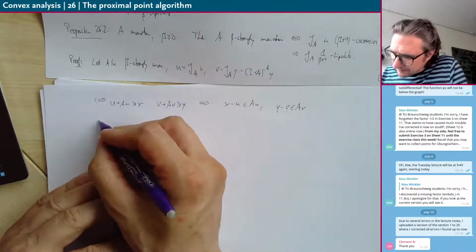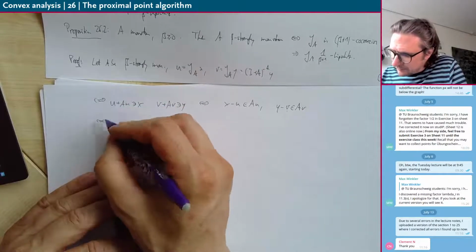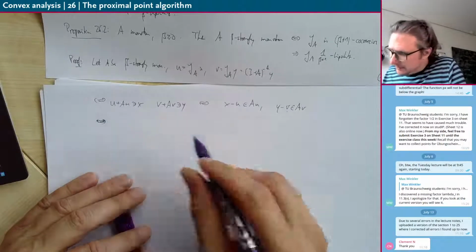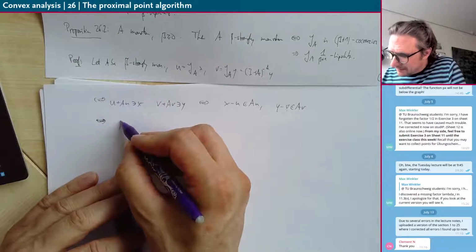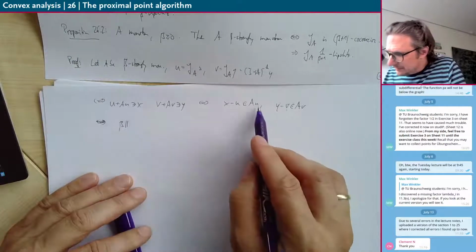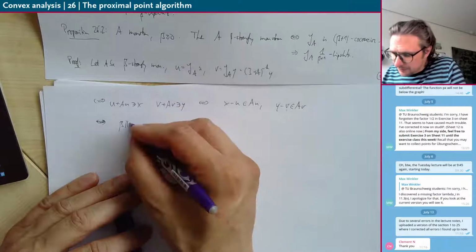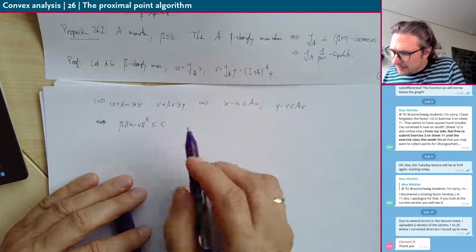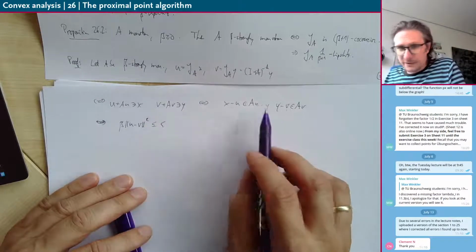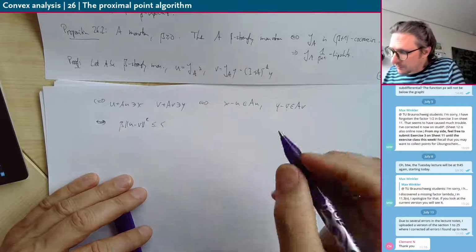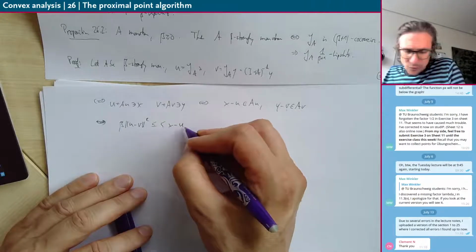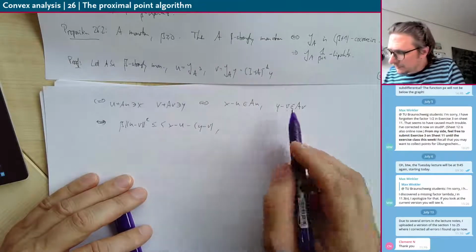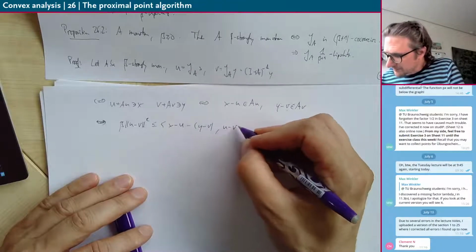And then by strong monotonicity, we get that beta times the difference of the arguments, so ||u - v||^2, is smaller or equal than the difference of the elements in the operator, which means x minus u minus (y minus v), times the difference of the arguments, which is u minus v.